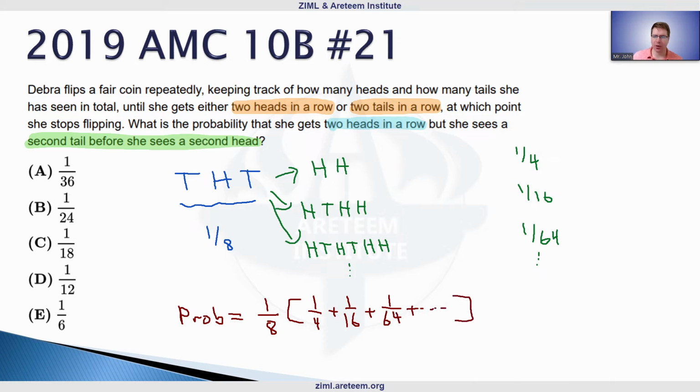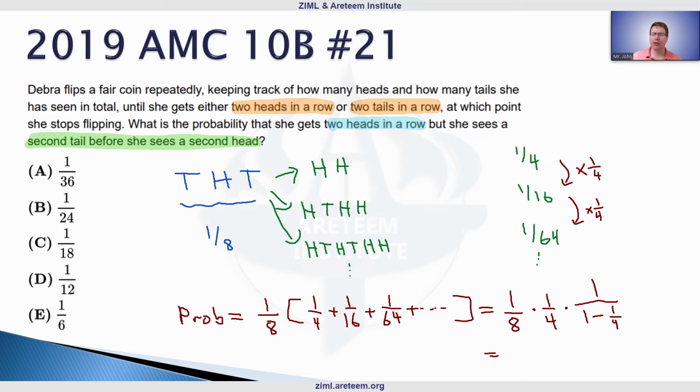So let me summarize that on the side here, just to keep in mind that is our geometric series that we're dealing with in this scenario. When we're adding this up, depending on how you like thinking about your geometric series, I like pulling out the 1/4, and then our infinite geometric series is 1 over 1 minus the common ratio, so 1/4.